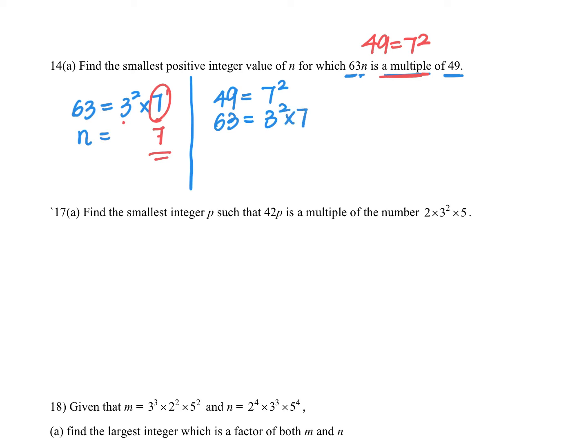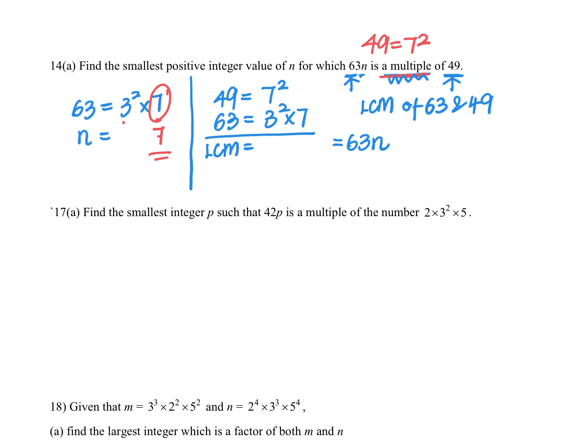When you say it's a multiple and it involves these two numbers, 63 and 49, it means I'm going to look at the LCM of 63 and 49. Since it's 63 times n, that means the LCM is equal to 63 times n.